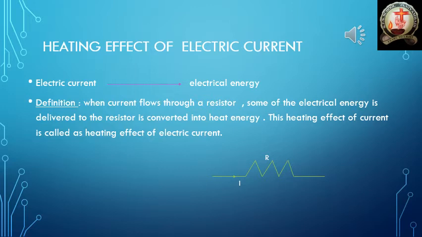That delivered electrical energy is converted into heat energy. So this is called the heating effect of electric current. This is the definition and explanation of the heating effect of electric current.